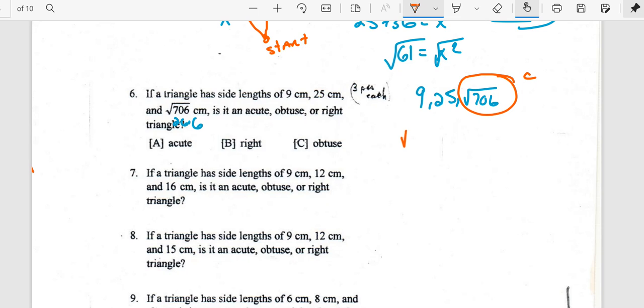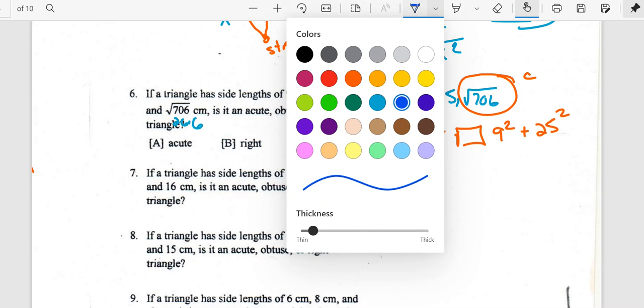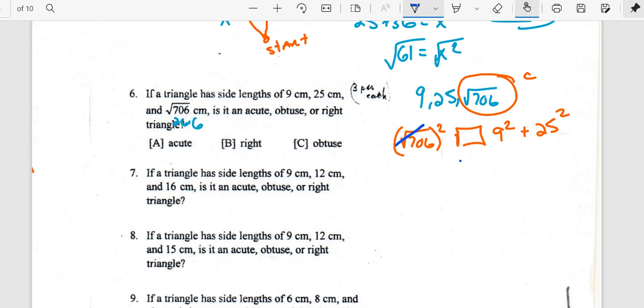So I'm going to put that in first. It's going to be the square root of 706 squared. Again, I'm putting my empty box because I don't know whether it's less than, greater than, or equal to yet. And then I have 9 squared and then 25 squared. Now put this in your calculator because we want exact answers, not rounded stuff. So you should have left it as the square root of 706 squared. A square and a square root are opposite operations. They cancel each other out.